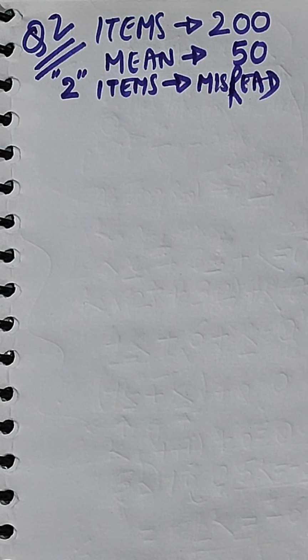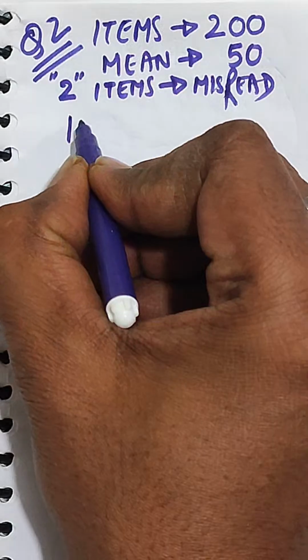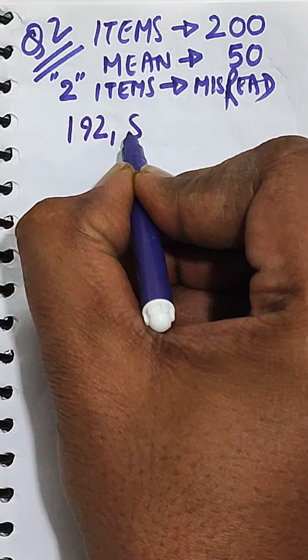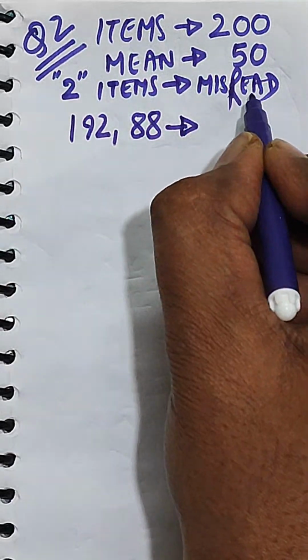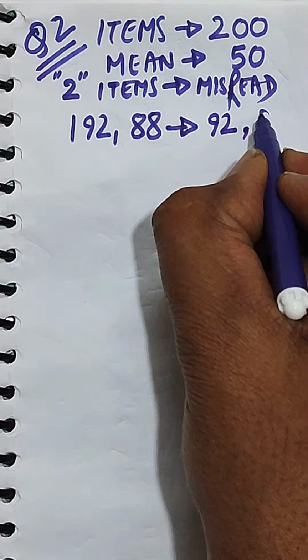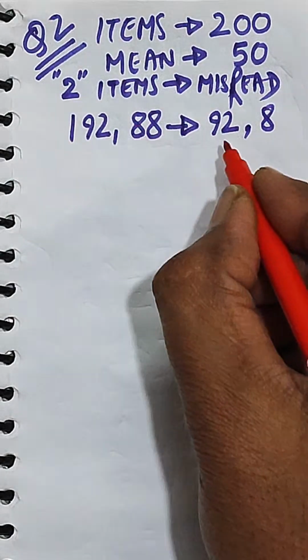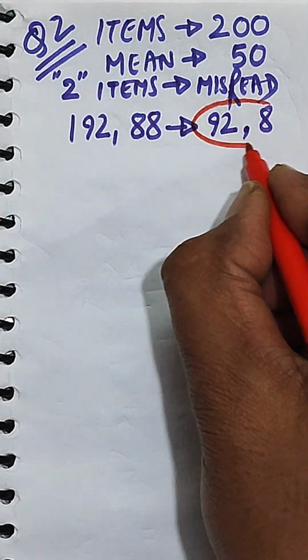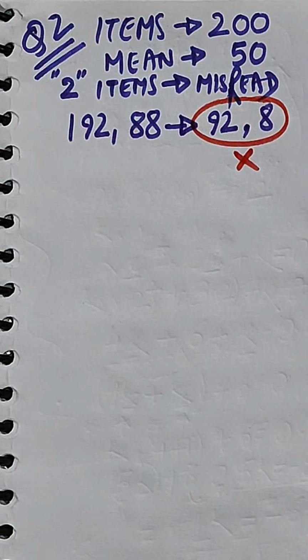And instead of 192 and 88, we read it as 92 and 8. So here, this is the wrong data which should be removed in the calculation of this 50, the mean.